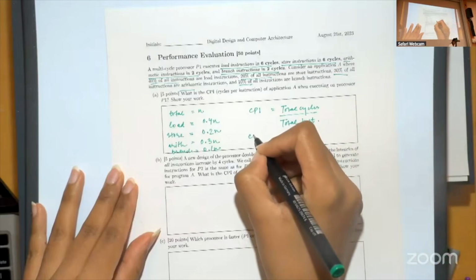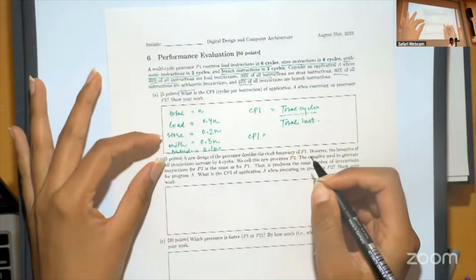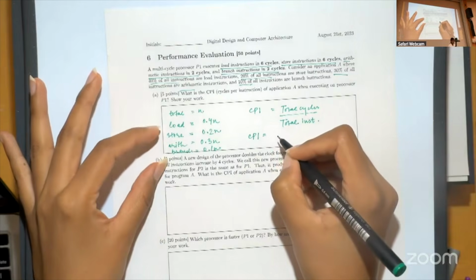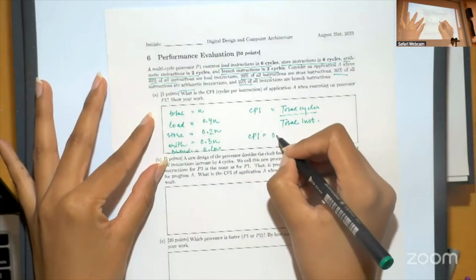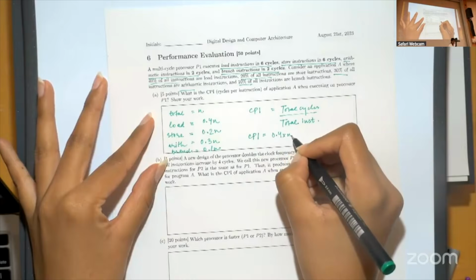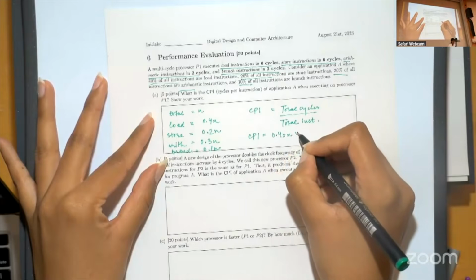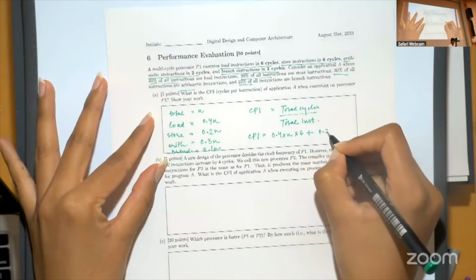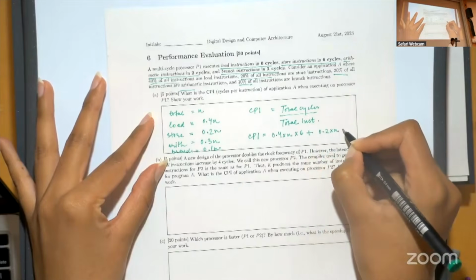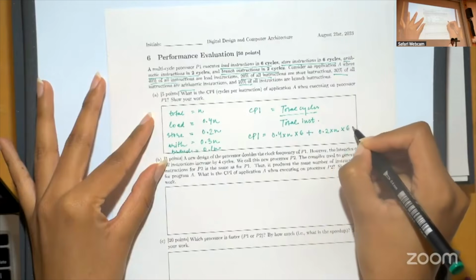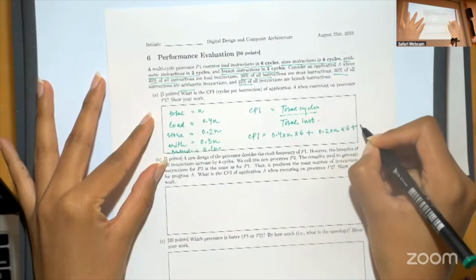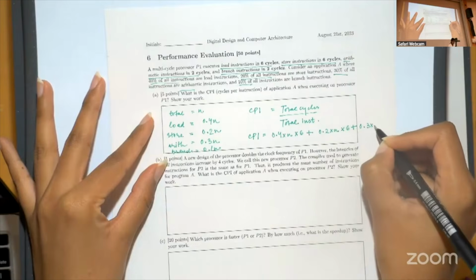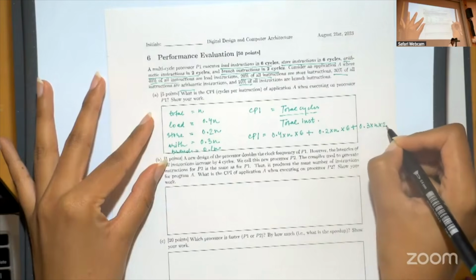Now what would be the total number of cycles? So we have all these instructions. Let's start with load. We have 0.4 n load instructions, and each load takes 6 cycles. Now store: 0.2 n store instructions, and each store takes 6 cycles. Arithmetic: 0.3 n arithmetic instructions, and each takes 2 cycles.